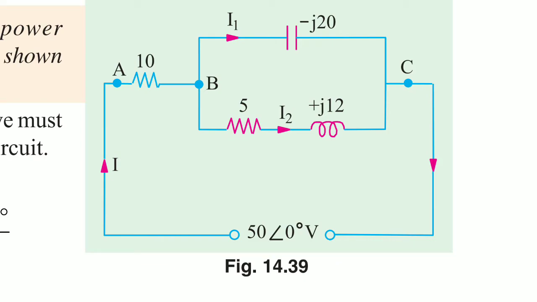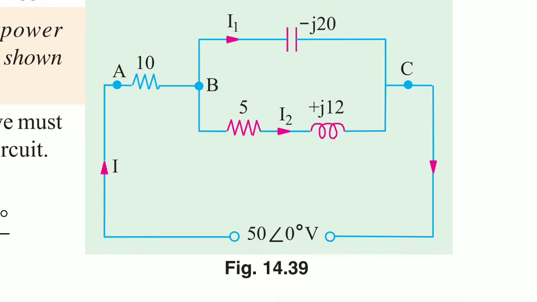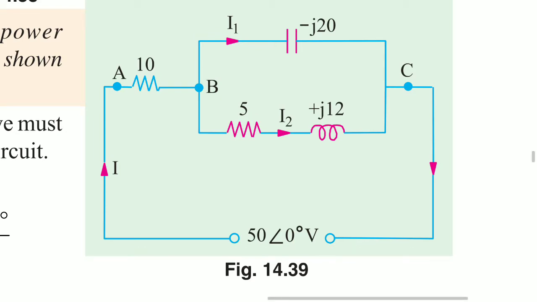Note here, the supply voltage is not 15, it is 50 angle of 0 degrees volts. The current is I, and the AB branch resistance is 10 ohms.